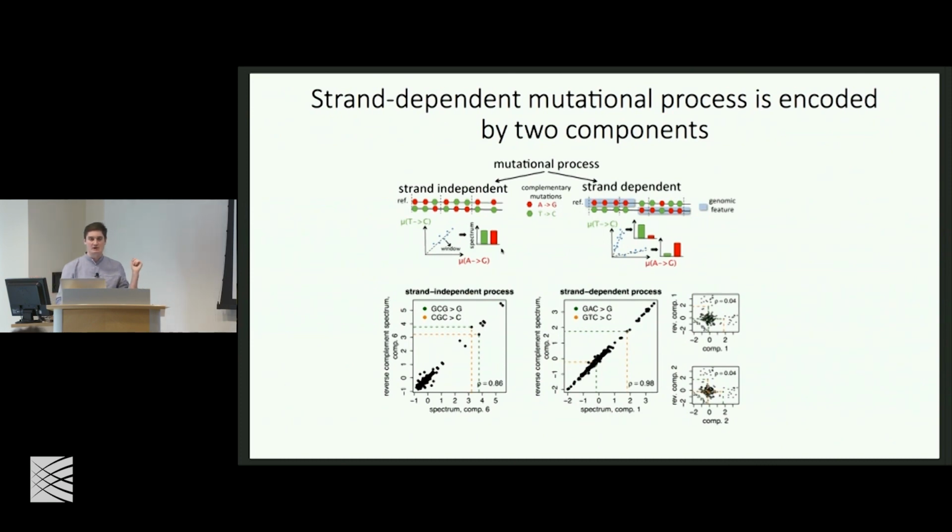Let's say in this case, we expect that it has equal rates of A to G and T to C mutations. On the other hand, if a process is strand dependent, then we expect that it corresponds to two mutational components, and they have identical rates of reverse complementary mutations between these two components.